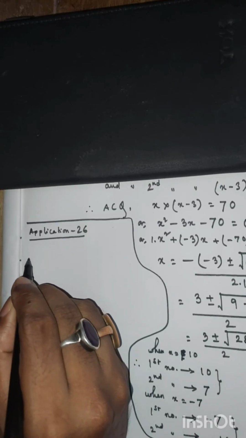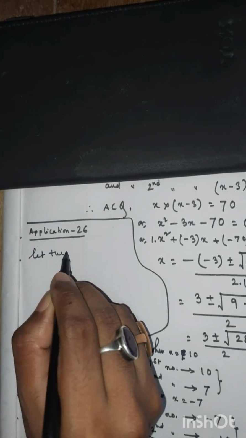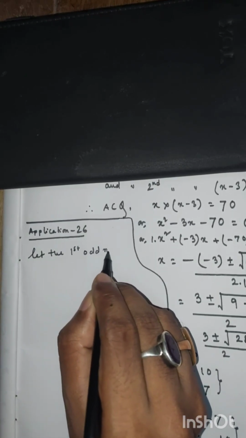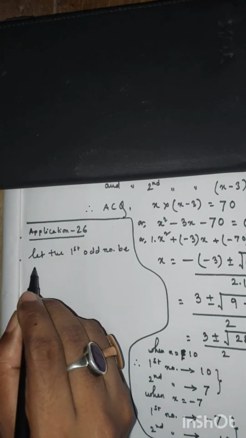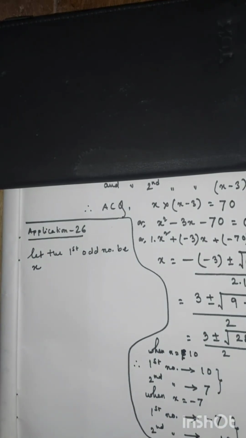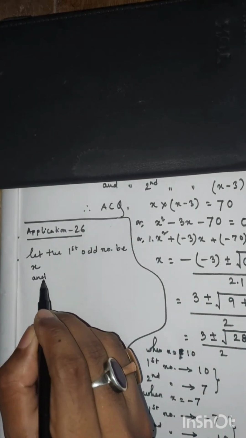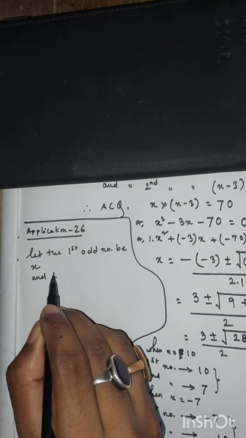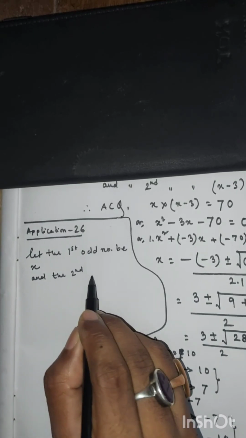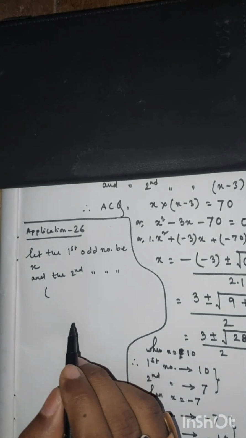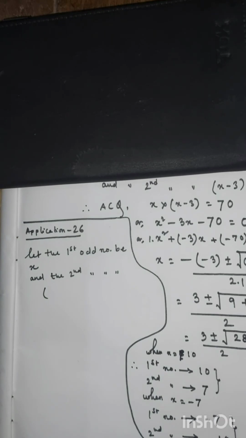Let the first odd number be x, and the second odd number be, these are positive odd numbers, so the next odd number should be x plus 2.